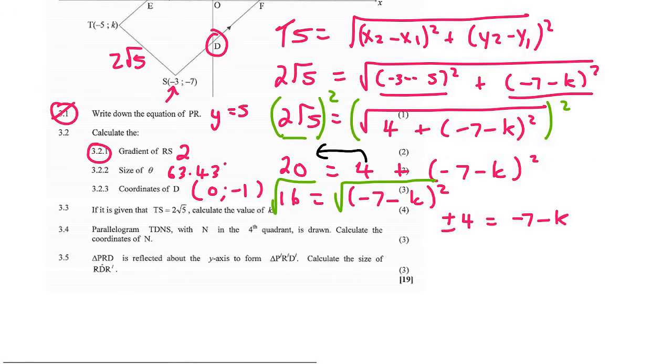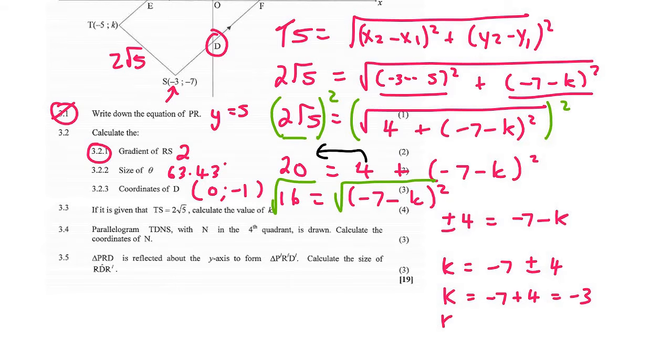And so now I'm going to bring the k over to the left hand side. And then on the right hand side, you're going to have plus and minus 4. So if the 4 is positive, then you're going to get minus 7 plus 4, which is negative 3. And if the 4 is negative, you're going to get minus 7 minus 4, which is negative 11.